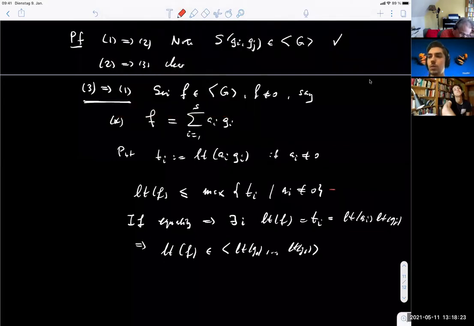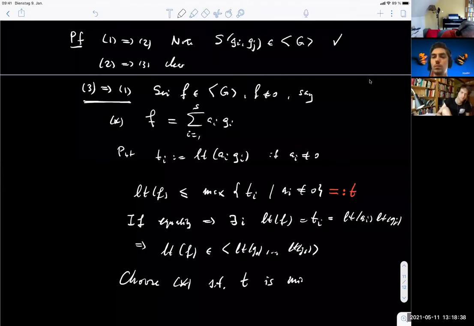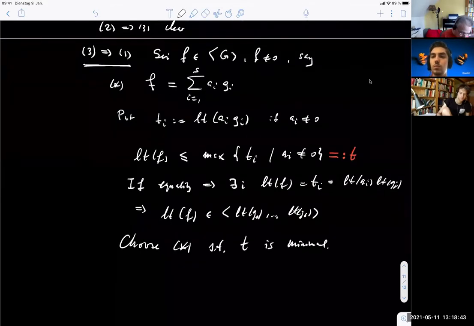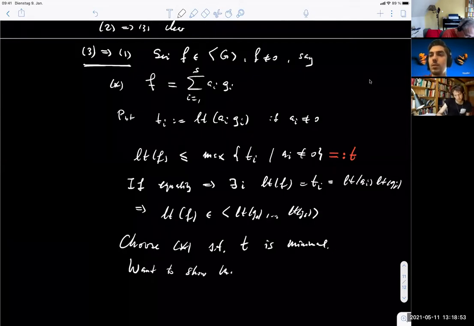I denote this t, and I choose the representation such that t is minimal. Then I want to show that equality happens, and then I'm done.